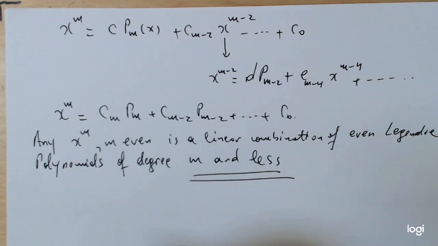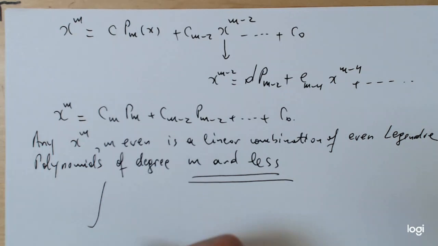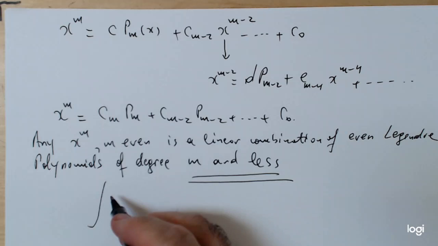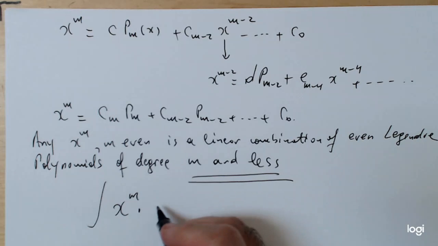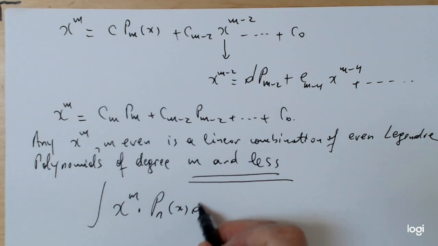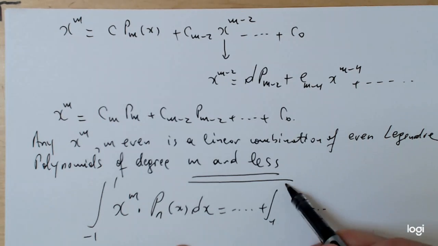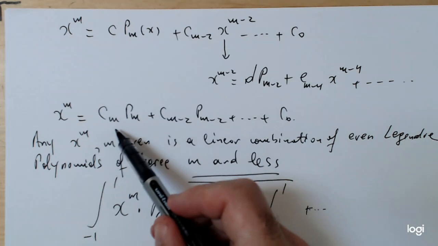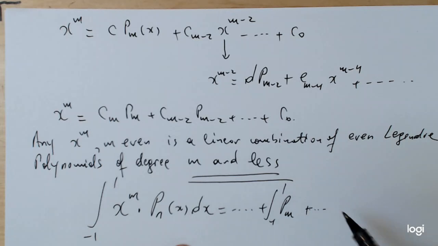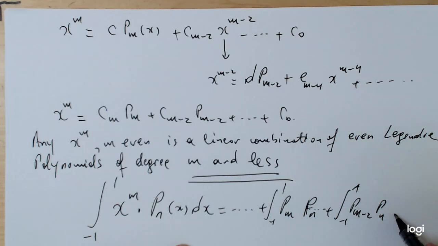When the time comes, for instance, to integrate, let's say, x to the m times P_n of x dx in the interval minus 1 to 1, this integral basically is going to be a combination of integrals involving these Legendre polynomials, P_m P_n, and then P_{m-2} P_n, and so on.